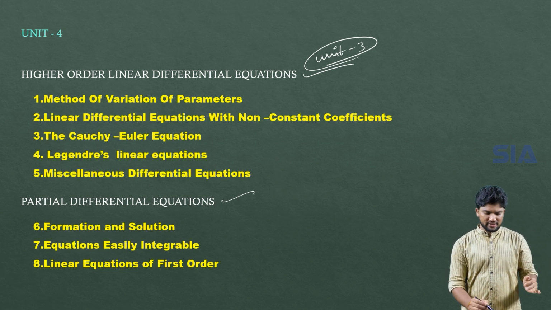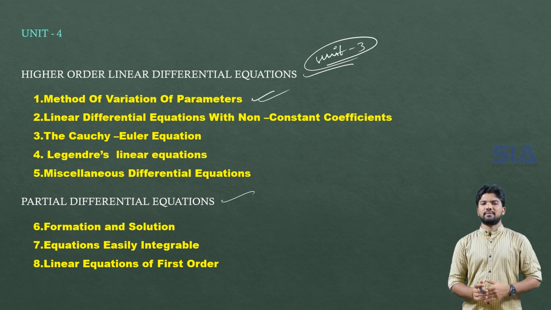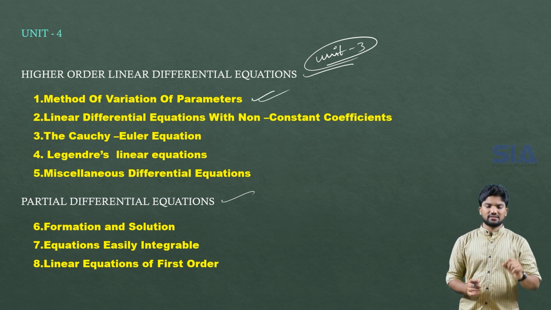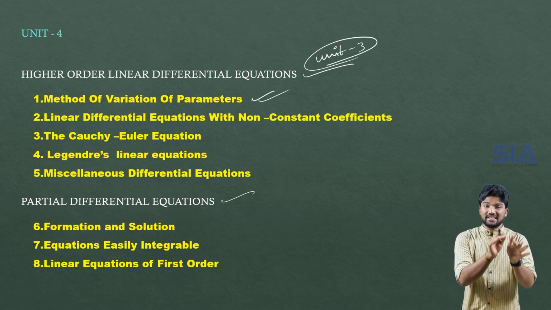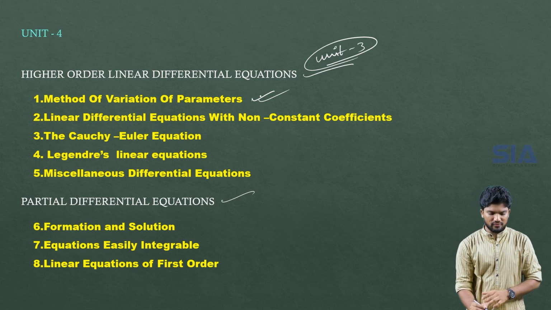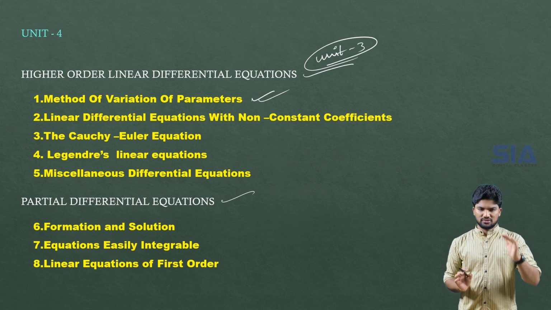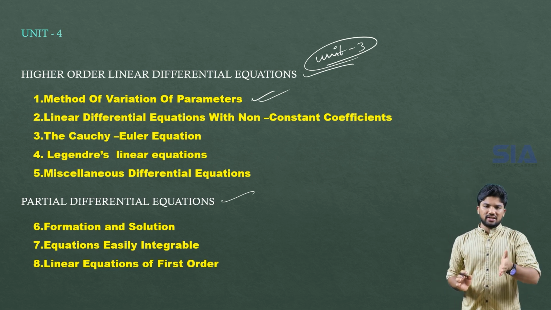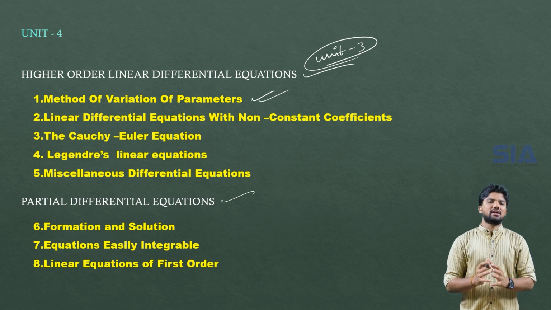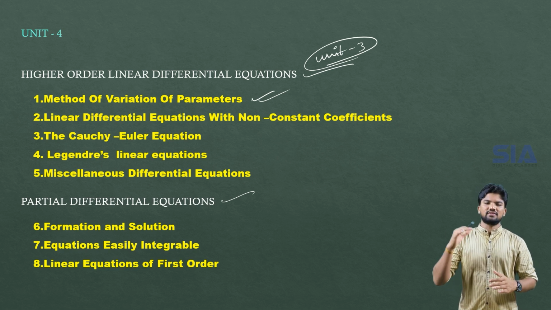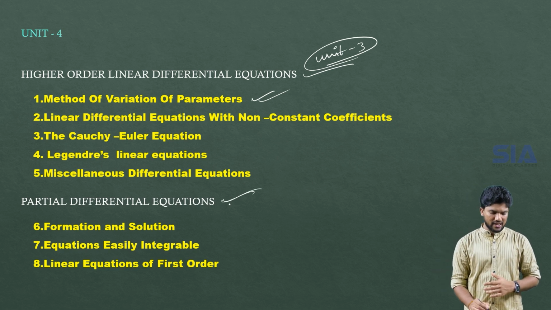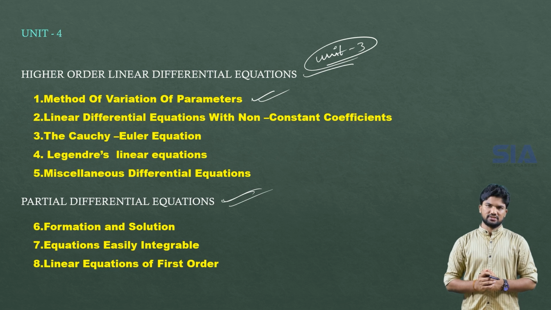Now here the continuation is the method of variation of parameters. In unit 3 we discussed the method of undetermined coefficients, and its continuation method is the method of variation of parameters. The rest of the topic is partial differential equations.